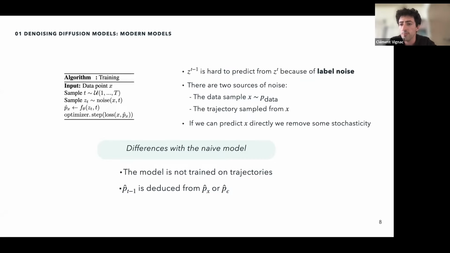So you can think of a regression problem, for example, where you have a lot of label noise. So if you have a lot of label noise, eventually you should converge to the right solution, but it may take very long. If we can predict x directly, we remove this sampling of the trajectory. So we remove some stochasticity in the process. And in my opinion, that's why it's much easier to train.